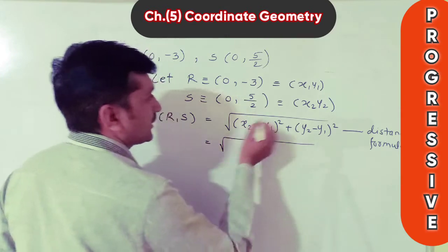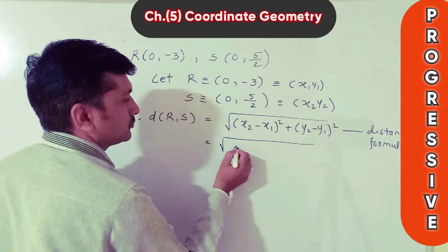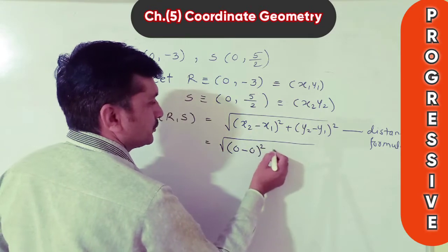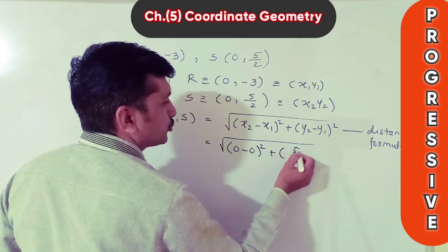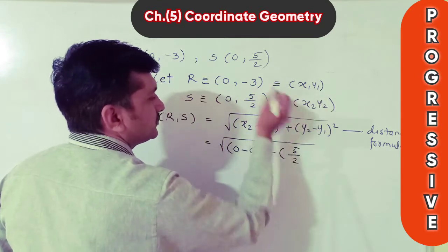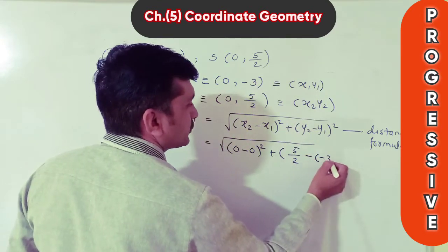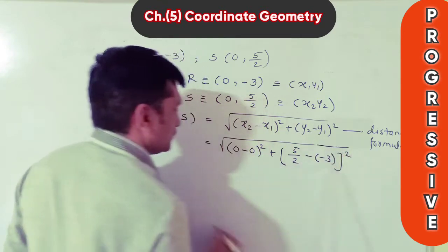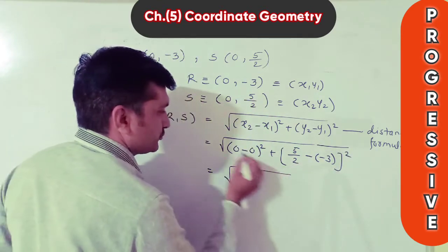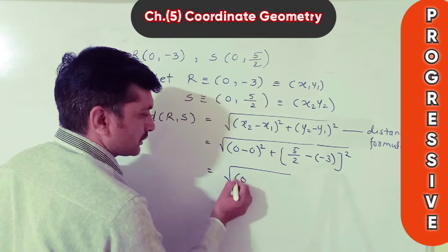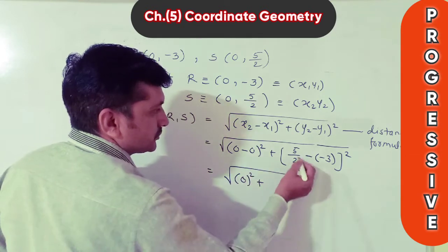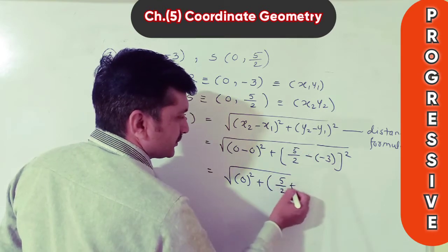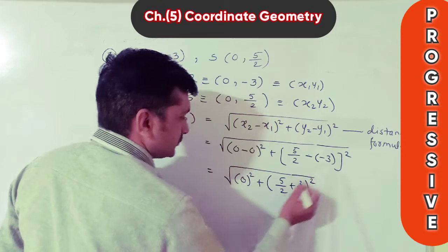Square root of (x2 0 minus x1 0) bracket square plus (y2 5 upon 2 minus y1 minus 3) square bracket.